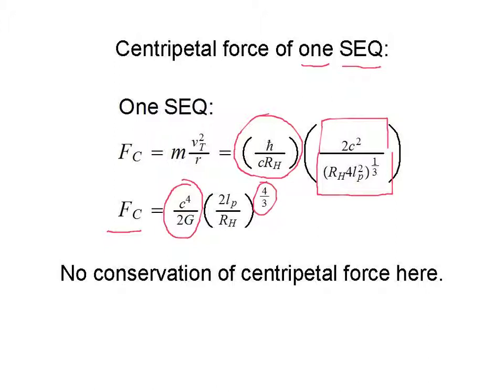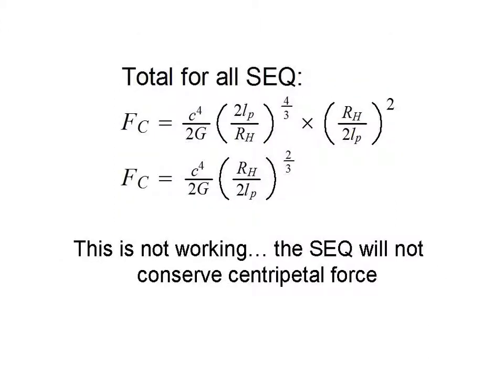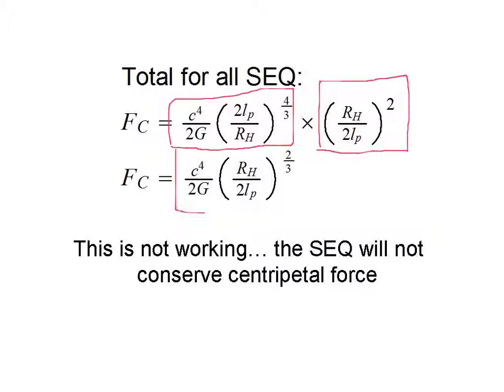So we don't see conservation of centripetal force at the SEQ level. Looking at this further, even if we take the centripetal force of one small energy quantum times the number of SEQ, we get c to the 4th over 2G times r sub h over 2lp to the 2/3 power. This is not working. The SEQ will not conserve centripetal force.